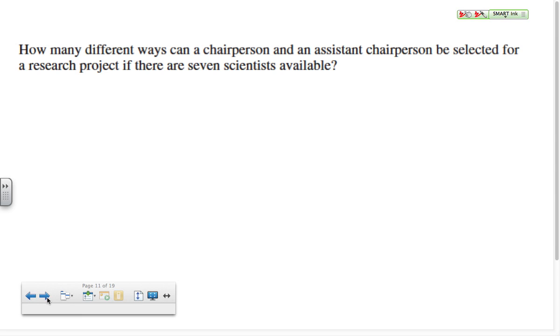If I have 7 scientists and I want a chairperson and an assistant chairperson, how many different ways can I do it? That's 7P2. Easy enough, yes? What's the answer? 42. 42, and that makes sense.